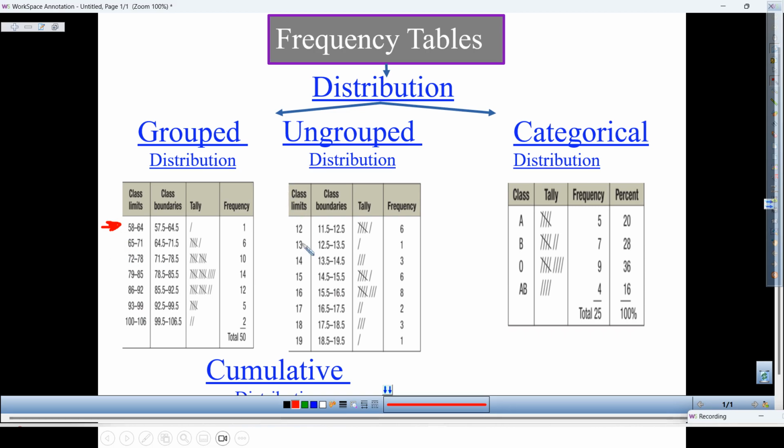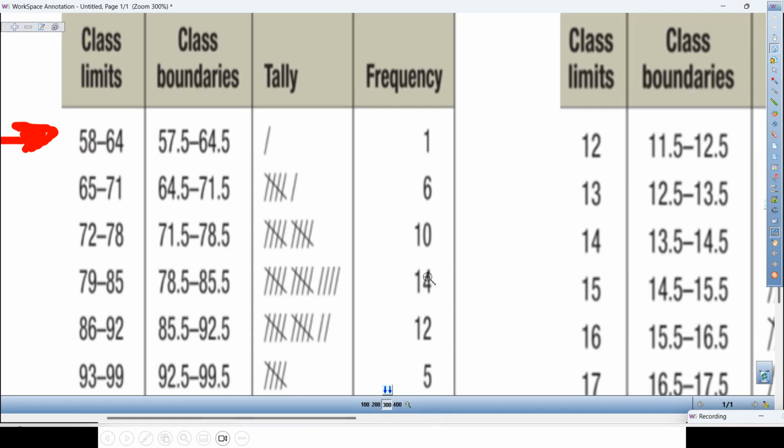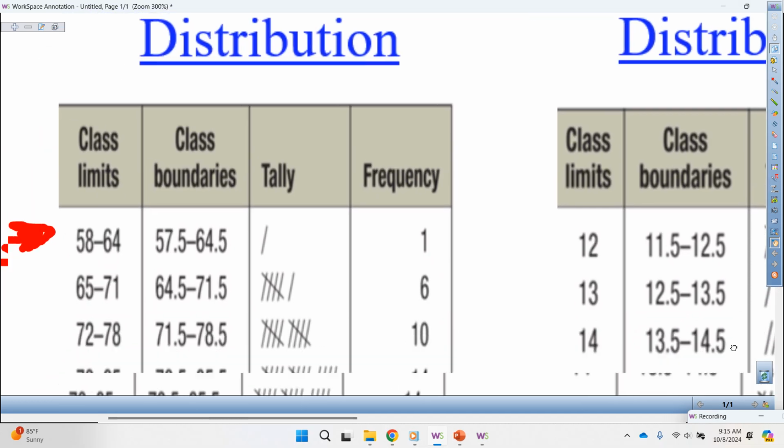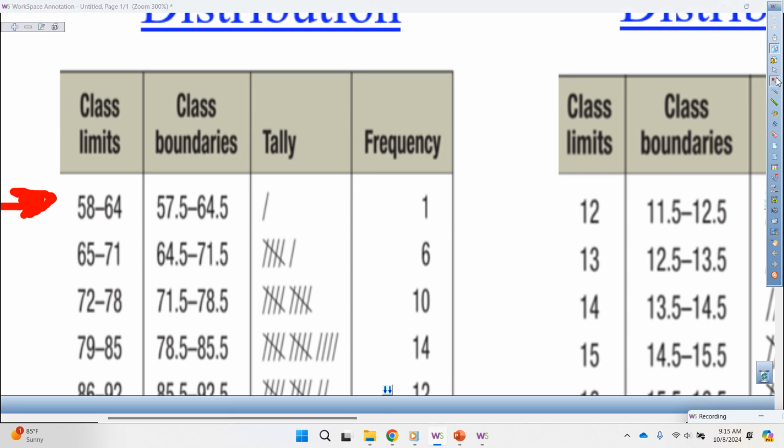Look at this class limit and look at this class limit. What do you notice? A lot of different numbers. Yes, so grouped groups a lot of numbers into each class, whereas ungrouped is only one number.